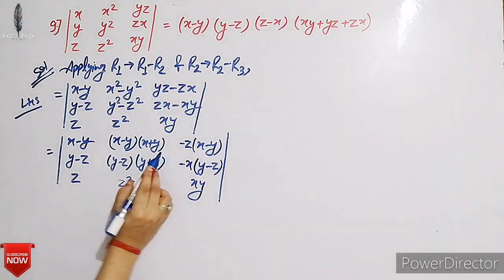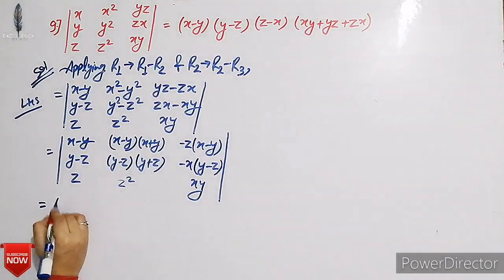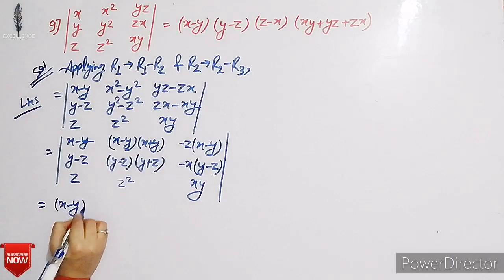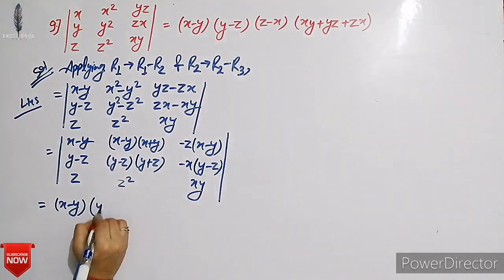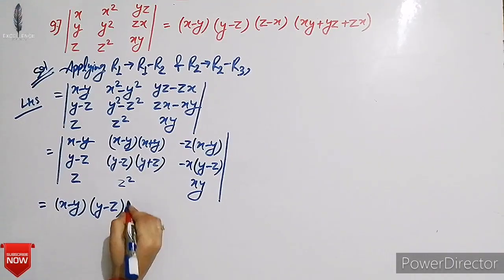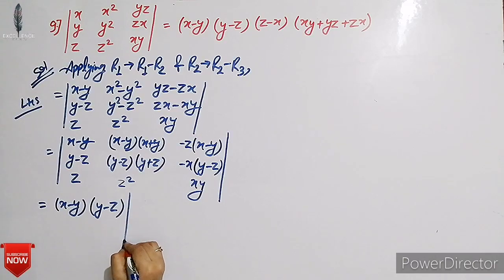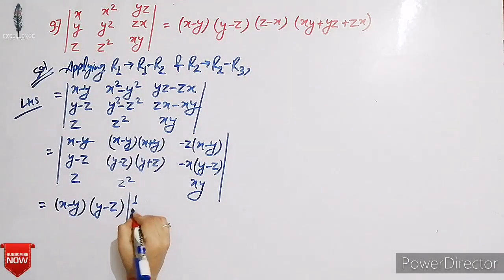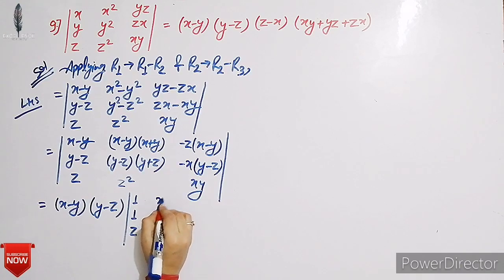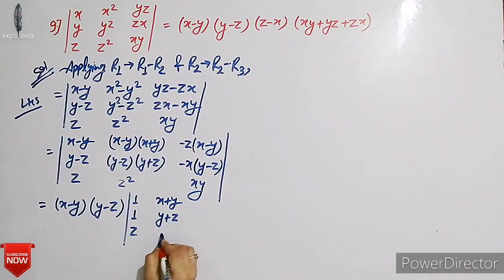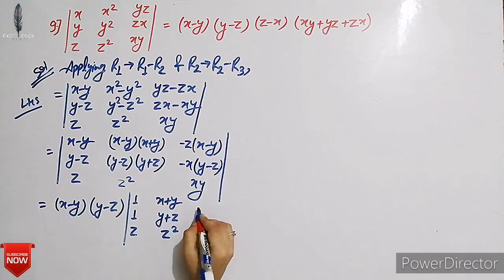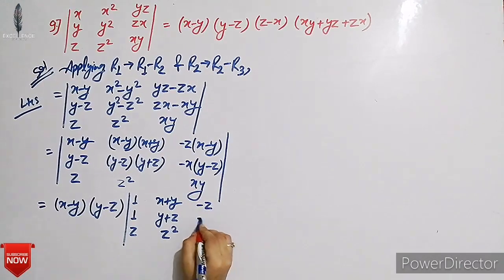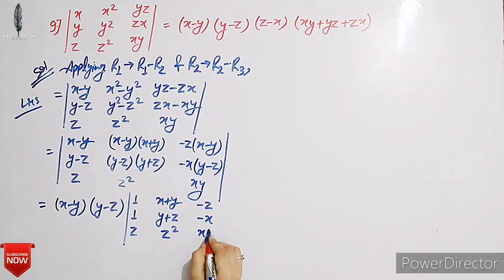Now taking common x minus y from R1 and y minus z from R2, into here 1 1 z, here x plus y plus z, z square, and R3 is minus z minus x, xy.